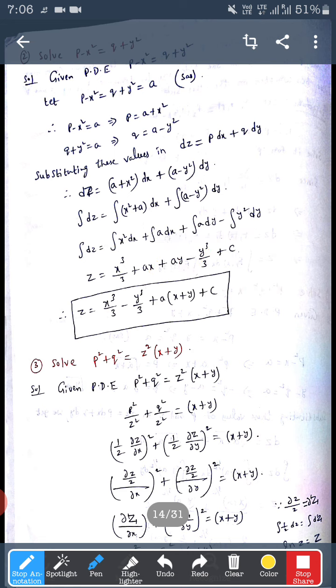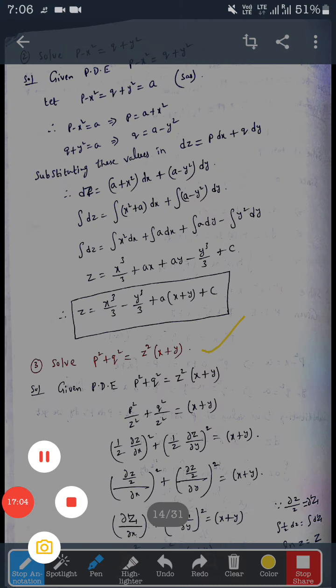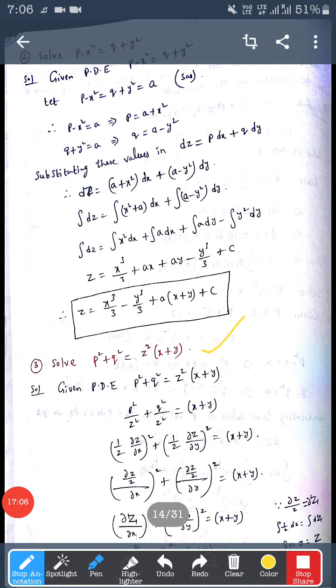Next, coming to the third example. Here p square plus q square is equal to z into x plus y. Therefore, after simplification, we get p square by z square plus q square by z square is equal to x plus y. I am writing p square by z square as 1 by z into, in place of p, substituting dou z by dou x, whole square.